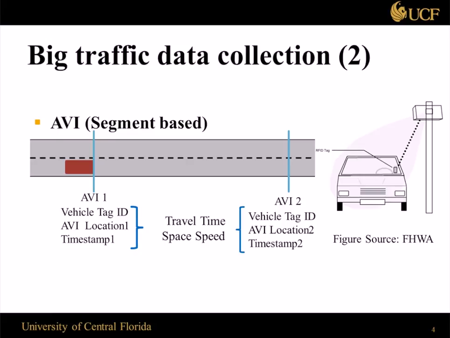When a vehicle passes two AVI detectors, its travel time can be obtained by calculating its time stamp difference at these 2 detectors. Meanwhile, since the distance between the 2 AVI detectors is available, the space mean speed of the vehicle can be captured.